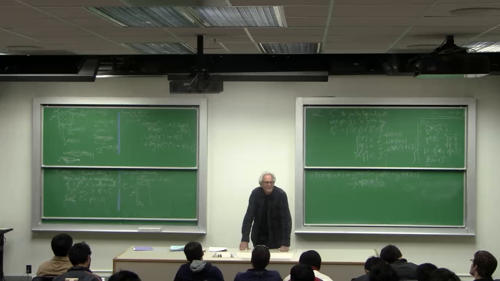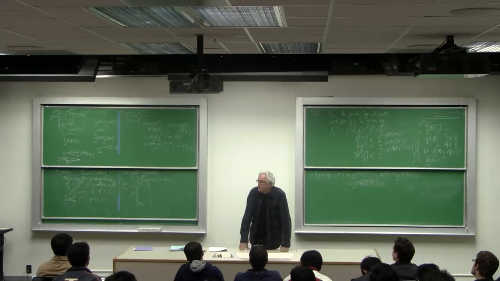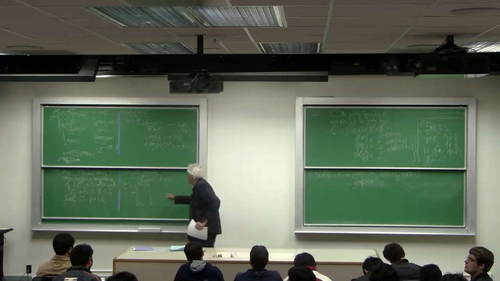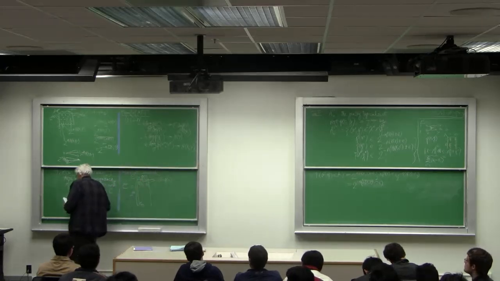You're not using the full space available to you of code words. It's not the capacity achieving prior distribution on P of X. That would be a half in the case of the BSC. But in any case, that's what the code book would be for this P of X.